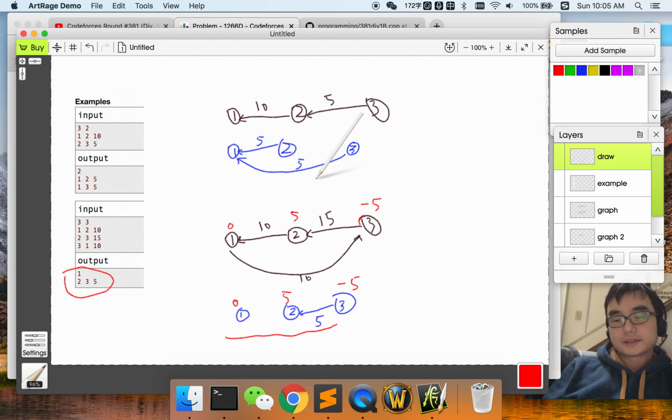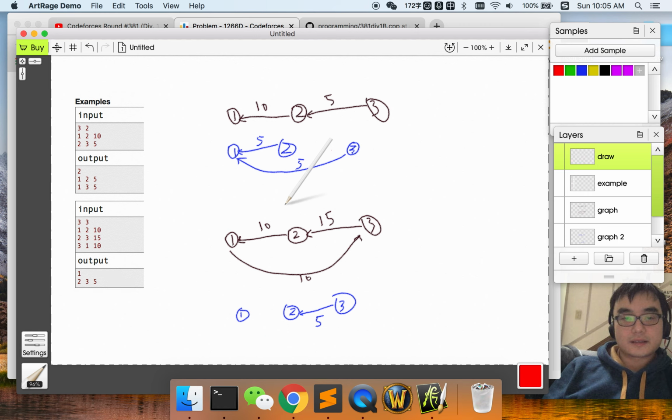So as we can see, the thing that matters is the final balance of each person, right?